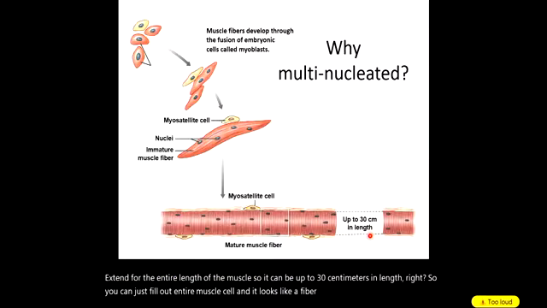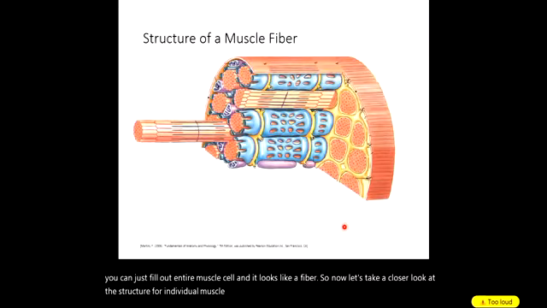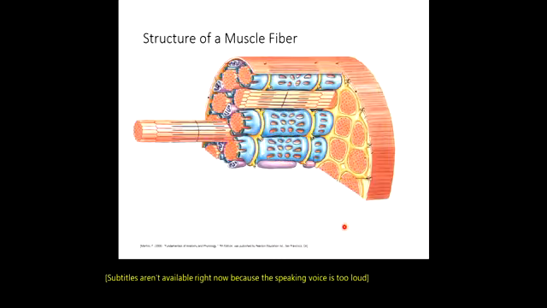So now let's take a closer look at the structure of an individual muscle cell. We know the length is up to 30 centimeters long, depending on where in the body it's been extracted from. But let me point out something in regards to the dimensions of the diameter. So the diameter is only going to be 100 micrometers, right? So it's very thin.